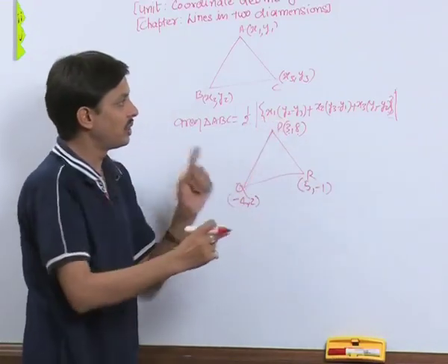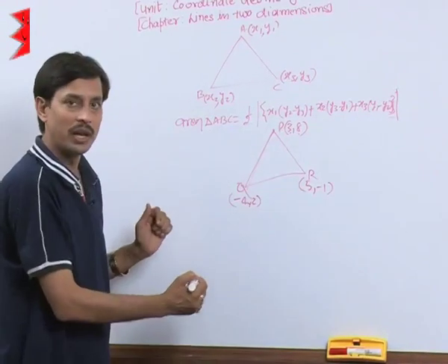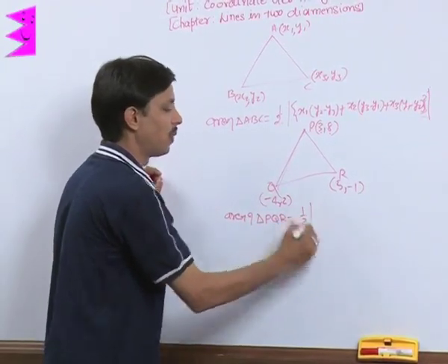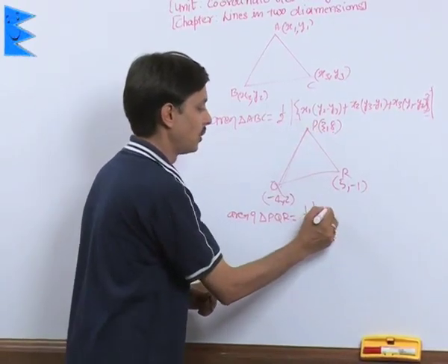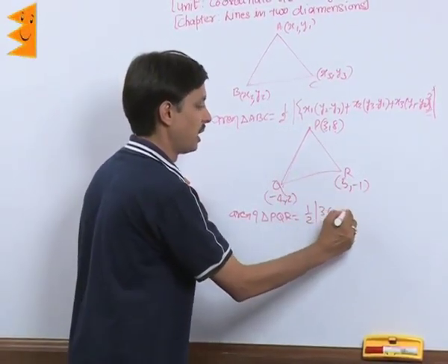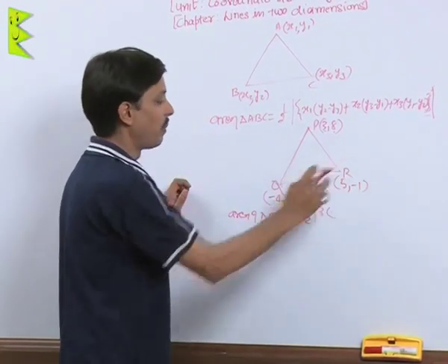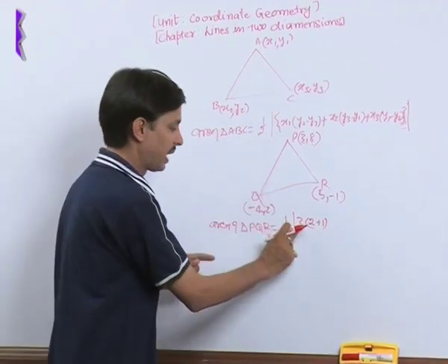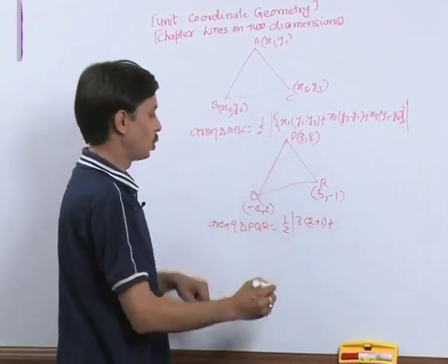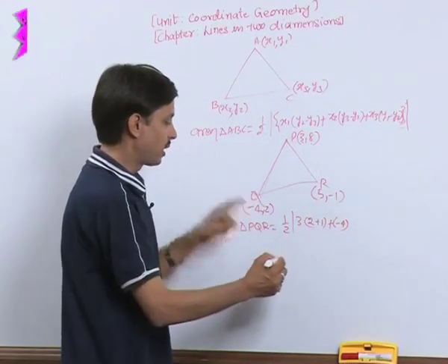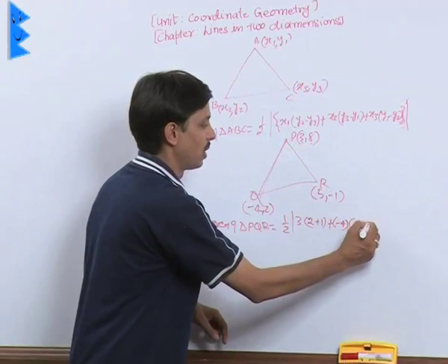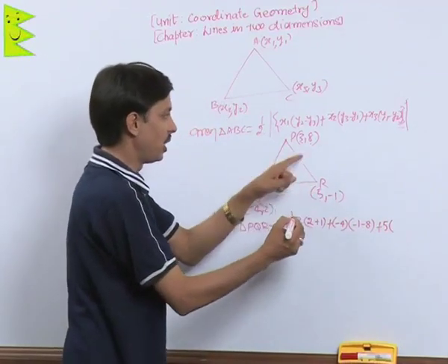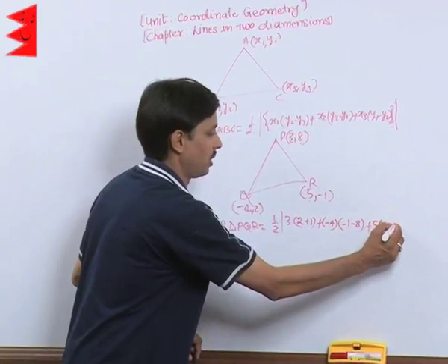If we want to find the area of this triangle using this formula, how will we calculate? The area of triangle PQR is half of mod of x1, 3, times y2 minus y3, that is 2 minus of minus 1, which becomes plus 1, plus x2, that is minus 4, times y3 minus y1, that is minus 1 minus 8, plus x3, that is 5, times y1 minus y2, that is 8 minus 2.